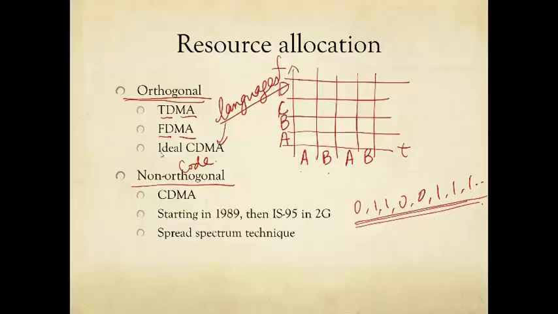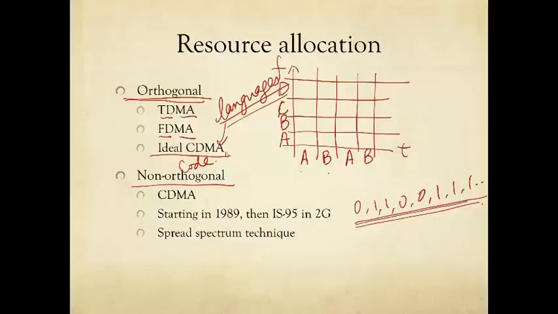Now, of course, it is only an orthogonal resource allocation if these codes are ideal, in the sense that they can perfectly differentiate the conversation. Just like in languages, sometimes the same pronunciation is valid in different languages. They just may have different meanings in different languages.